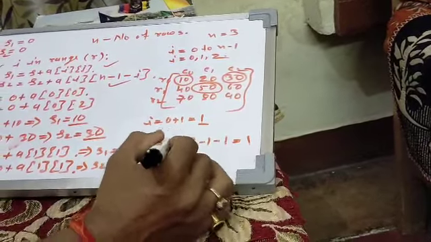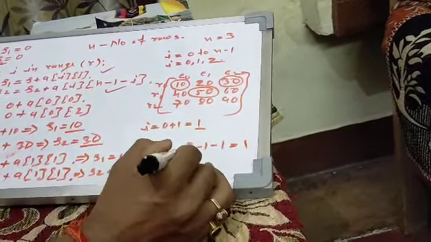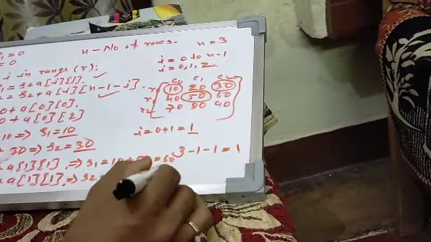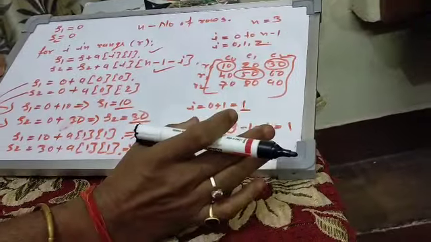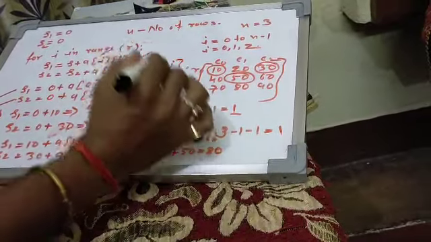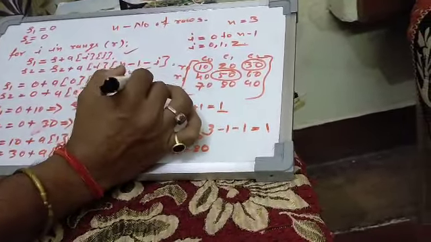Now this time the value of S1 will be 60 and the value of S2 will be 80. Again the value of I will be incremented, and now this time the value of I is equal to 1 plus 1 is equal to 2.